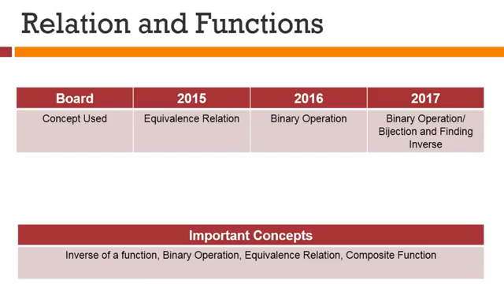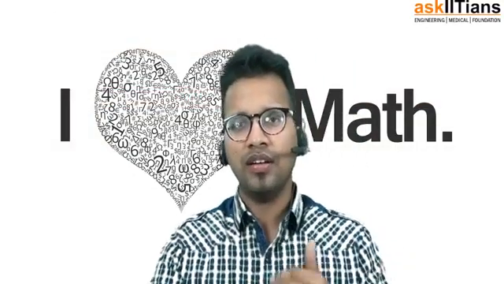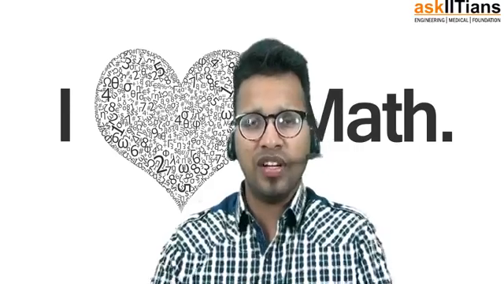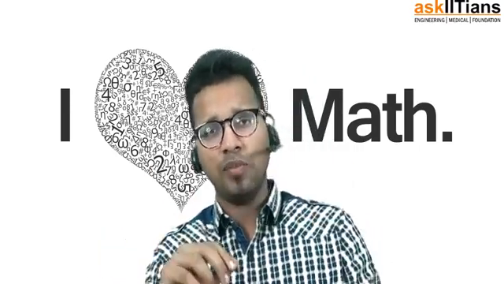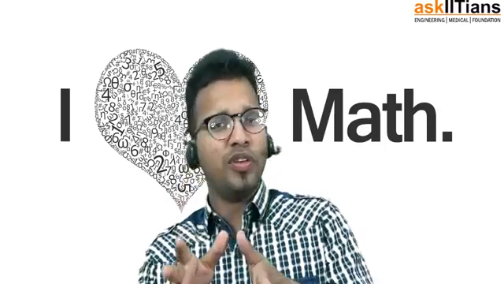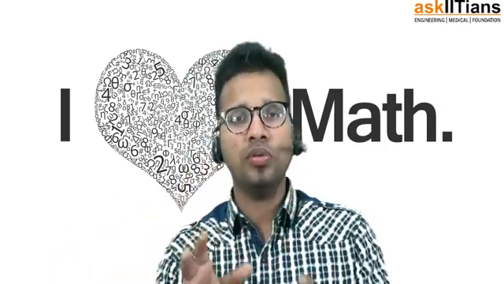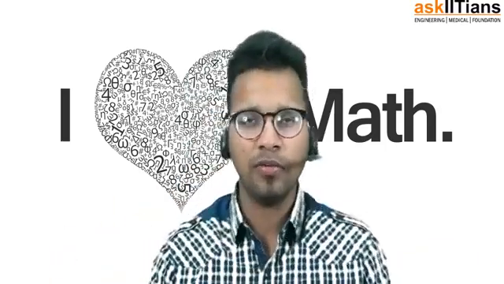Binary operation will be asked for sure, but if 2 questions are going to come, then my bet will be on equivalence relation. Composite functions again, they will be asking the inverse part. So basically it's almost a repetitive part. We just have to concentrate on binary operations, inverse of a function, and equivalence relation. If we do these 3 parts, nothing else is going to be asked from relations and functions.